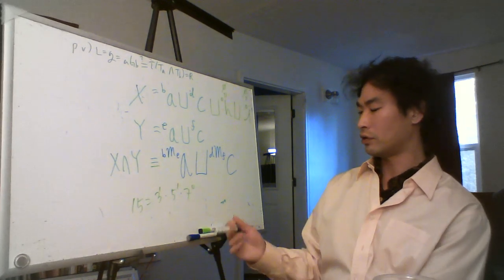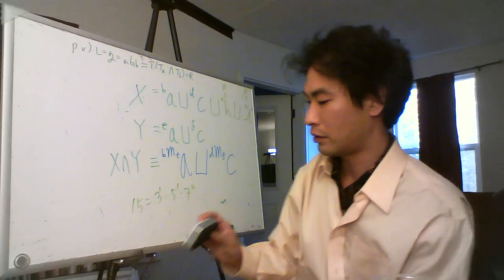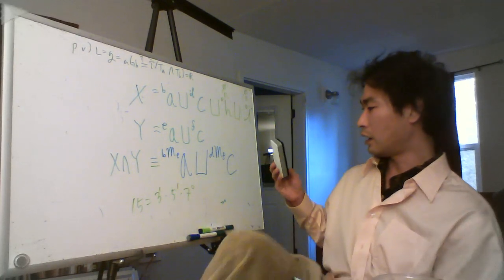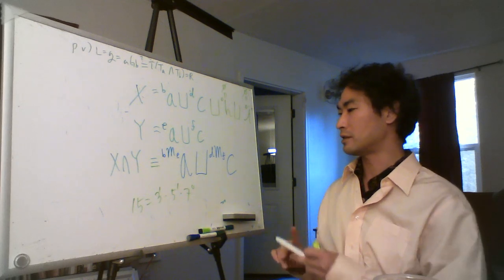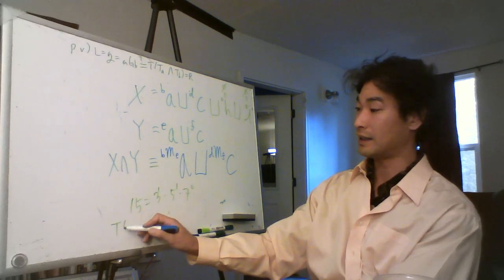Now, we're gonna transform this prime factorization into prime factor sets. That's the transformation function t.